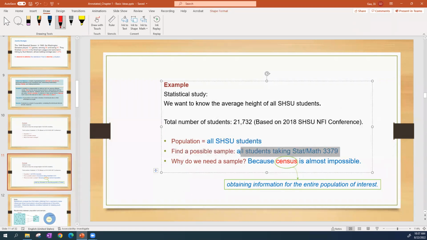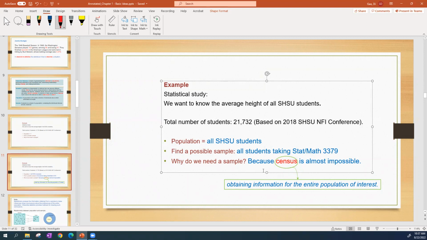We treat that as a sample. This is a clear subset of all SHSU students, so no problem. It is a possible sample. We have 35 students for each section, so we have about 700 to 800 students for this sample. So it's a good size.